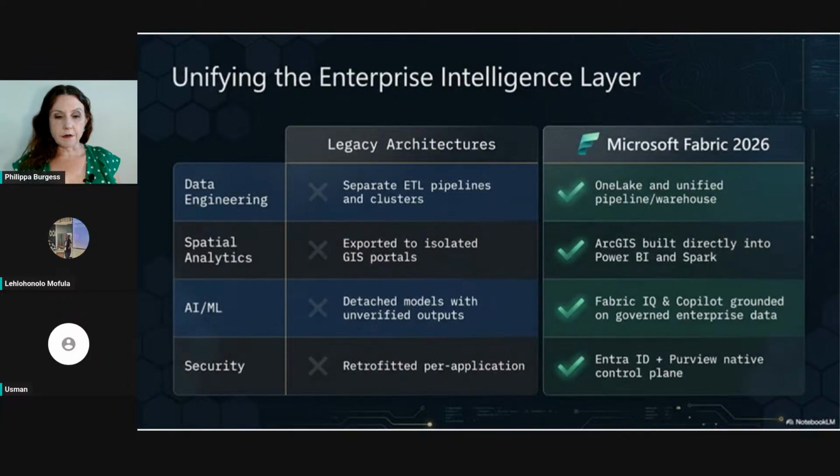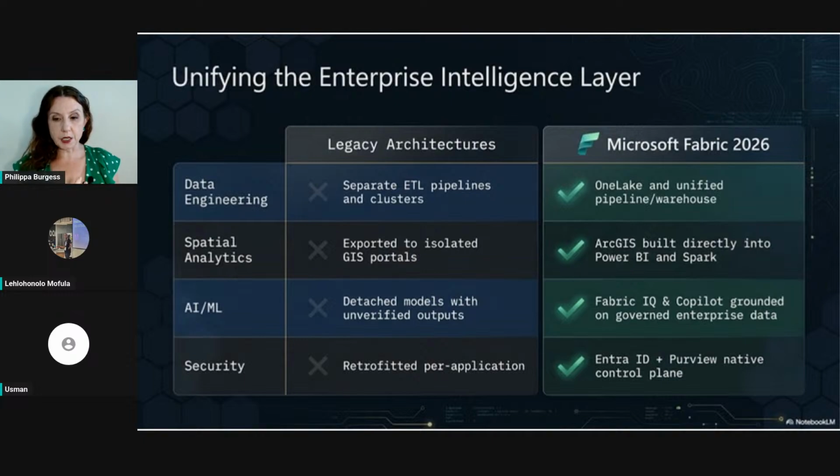And so then we've got the legacy architectures of data engineering, spatial analytics, AI/ML, and security. Those legacy architectures brought us separate ETL pipelines and clusters, exports to isolated GIS portals, detached models with unverified outputs, and security retrofitted per application. And now Fabric is bringing us OneLake and unified pipelines and warehouse.